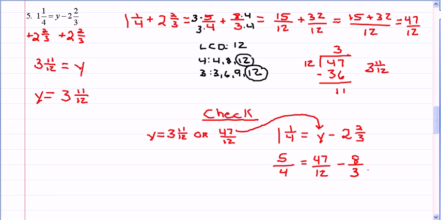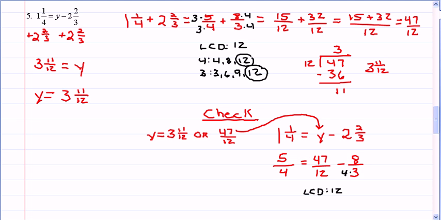So to determine if my value for y is correct, I want to combine 47/12 minus 8/3, and if I did this correctly, I should get the answer of 5/4. So the common denominator is 12.